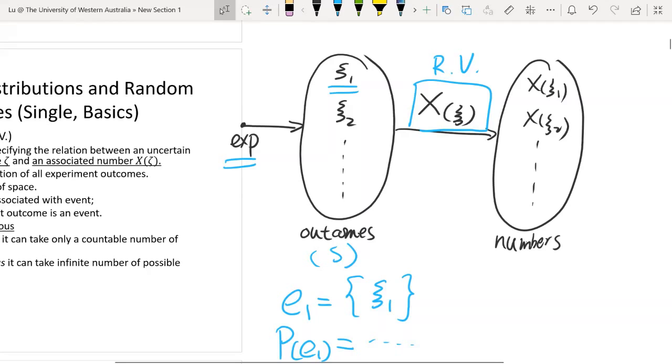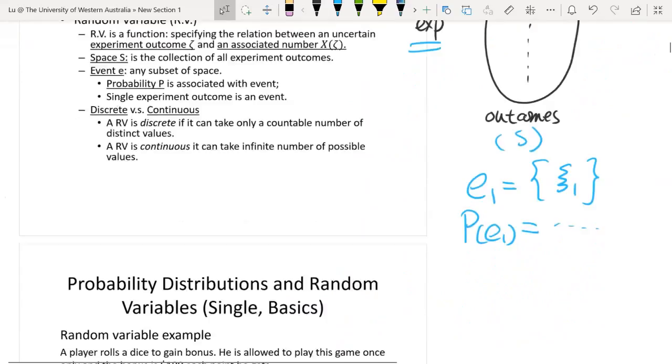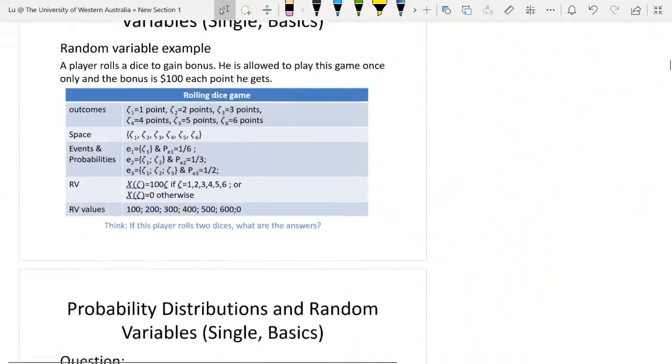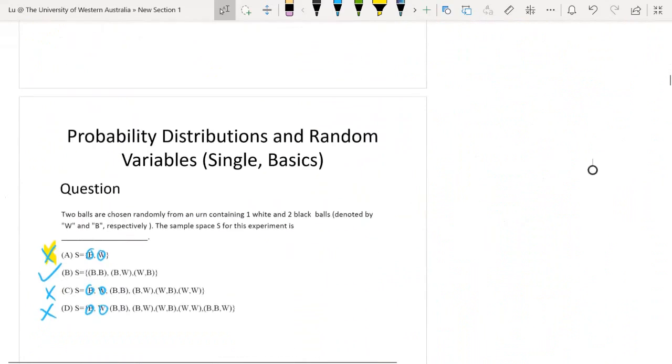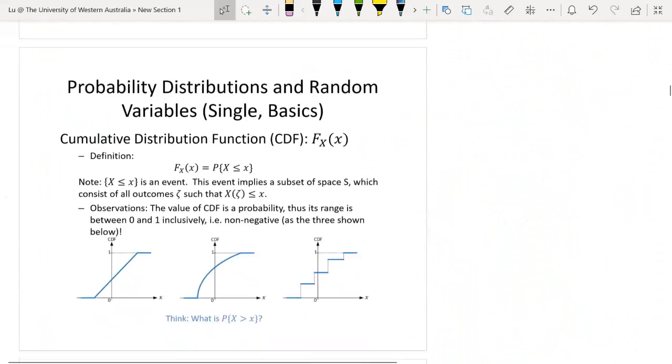So if you want to fully describe a random variable, we must have two parts of information. The first part must be the values of the random variable function. The other part of the information are the probabilities associated with these values. Because of that, we must have some tools to help us combine these two groups of information together.